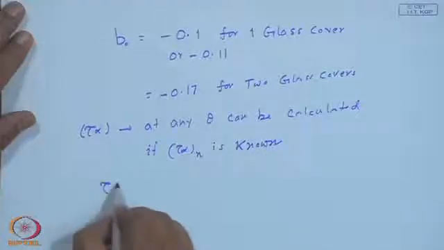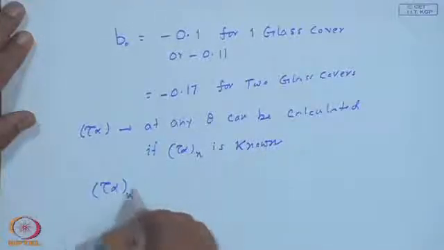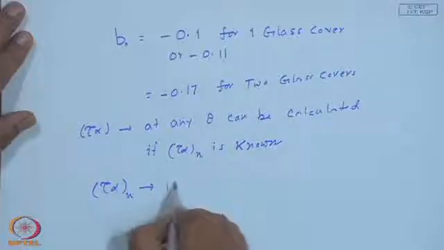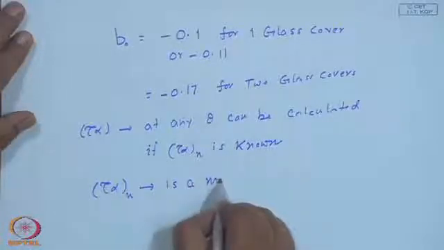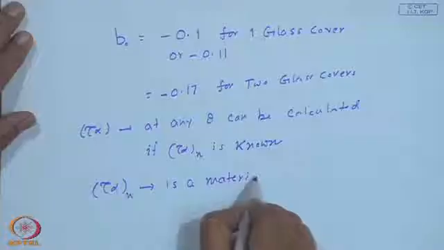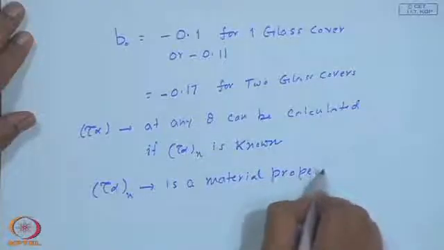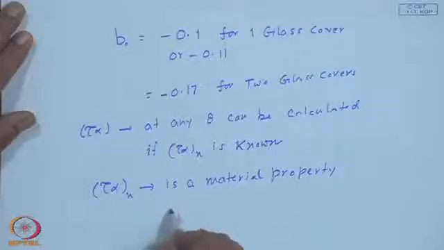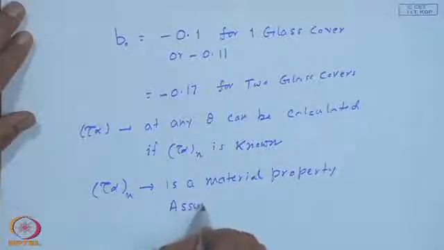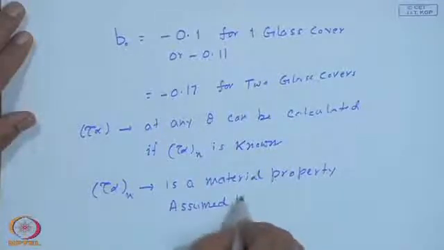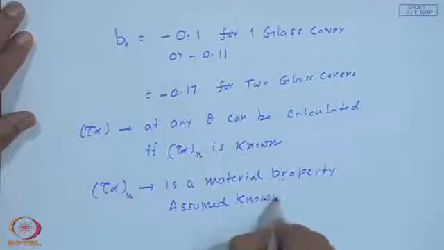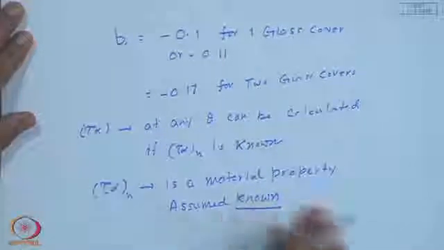So, tau alpha n is a material property, assumed as known.